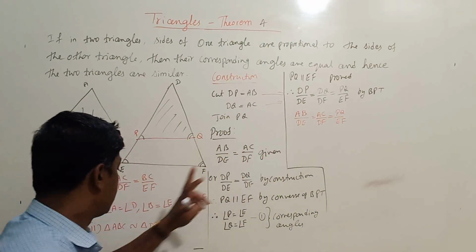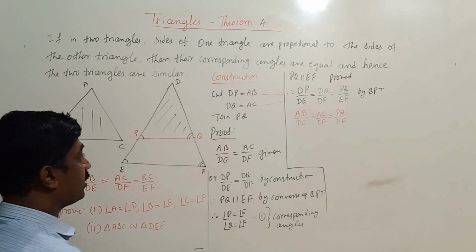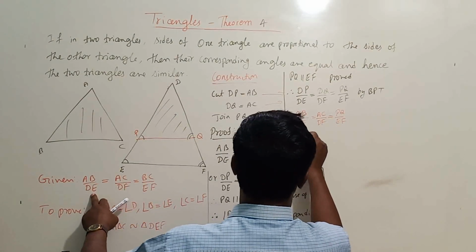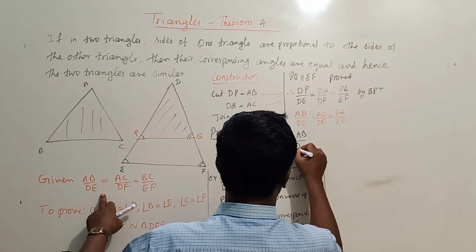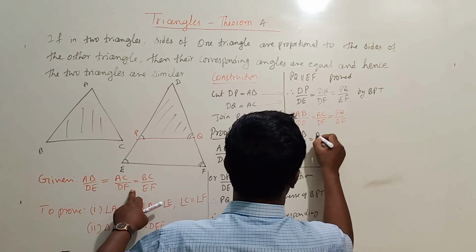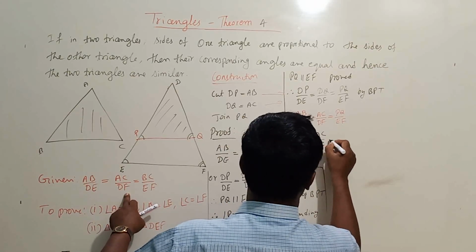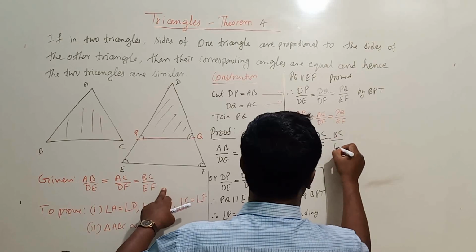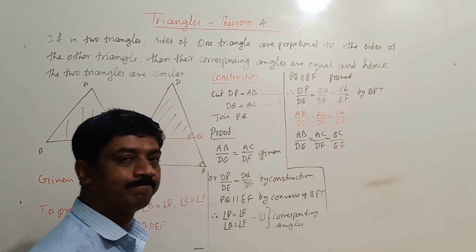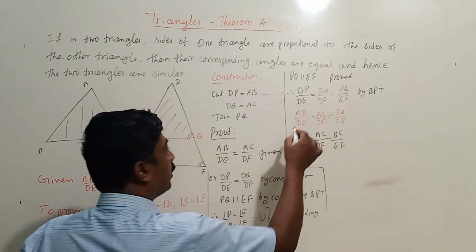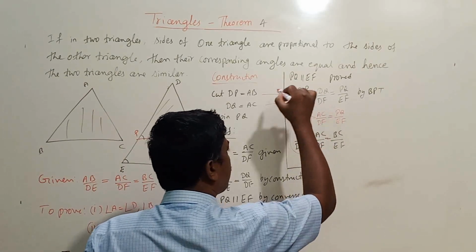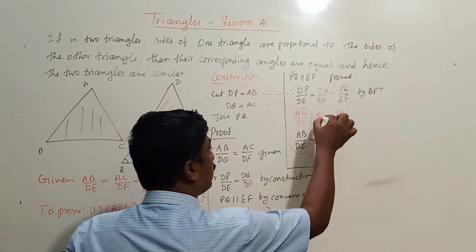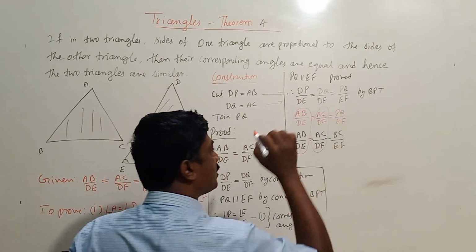Now compare this and the given thing. What is the given thing? Check it out. What is given to you here? AB by DE is equal to AC by DF is equal to BC by EF. Now, AB by DE is equal to AB by DE, right? AC by DF is equal to AC by DF.